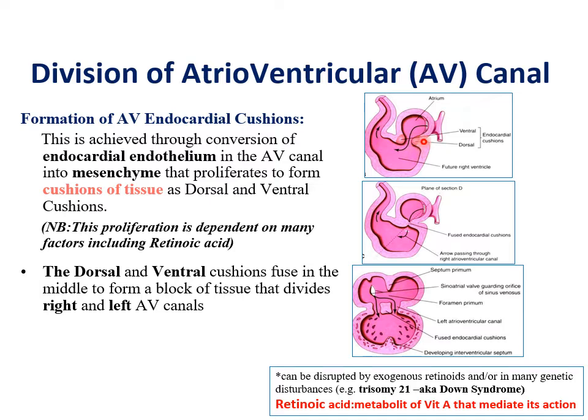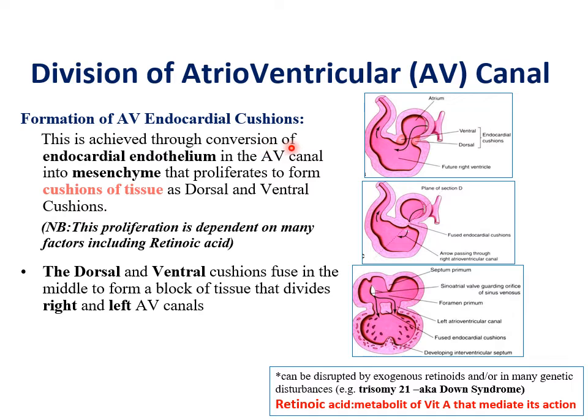These are the red rose-like cushions growing here, one dorsal and one ventral. This is the dorsal one, and that's the ventral one. Growth of those cushions will help in dividing the atrioventricular canal.